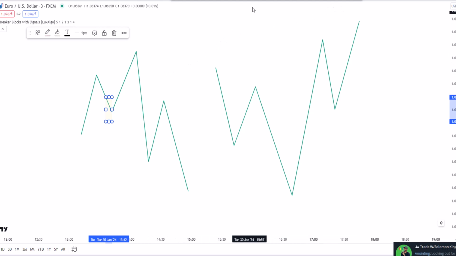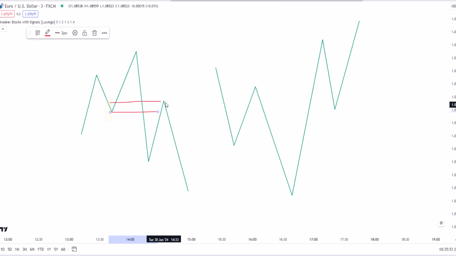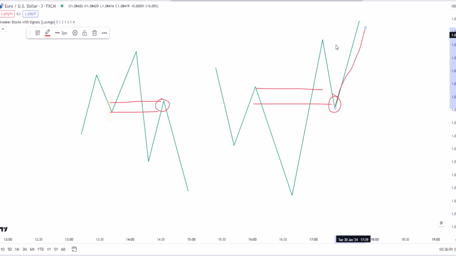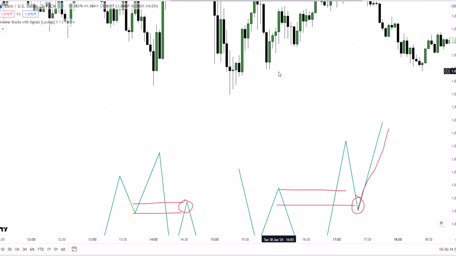If price comes back and hits this area before falling down, we have a bearish breaker block, and the opposite is a bullish breaker block, where price goes bullish. For you to understand breaker blocks, go to the beginners core basics playlist, because everything has been covered there, so make sure you go there.